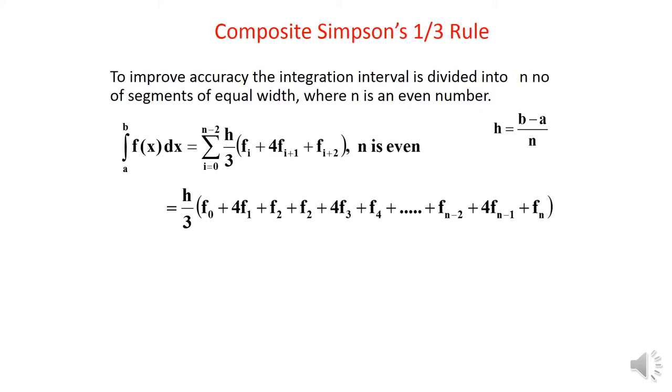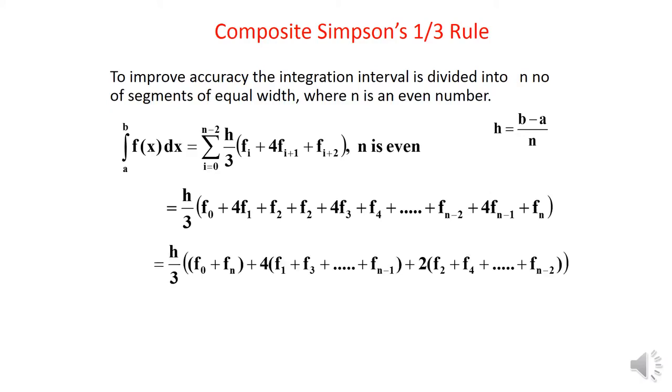So you can see the first 3 points give you f0 plus 4 f1 plus f2, the next 3 f2 plus 4 f3 plus f4, and so on. The last 3 points are f(n minus 2) plus 4 f(n minus 1) plus f(n). So we have combined them, and now we can have the composite formula.